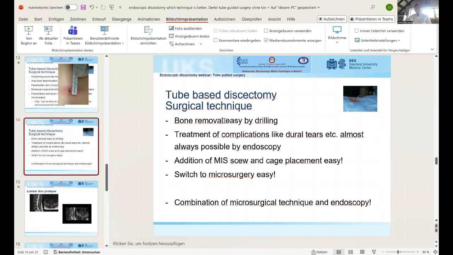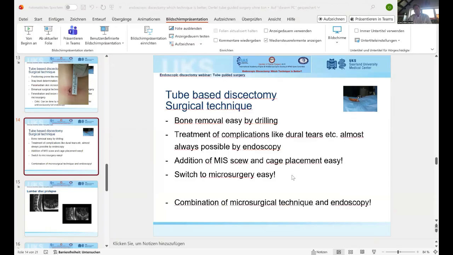So what are other peculiarities? I think bone removal is very, very easy. So it's very important to have all these options, particularly in our hands. The spinal canal stenosis with bone removal is the most frequent spine procedure now. It's not the discectomy.